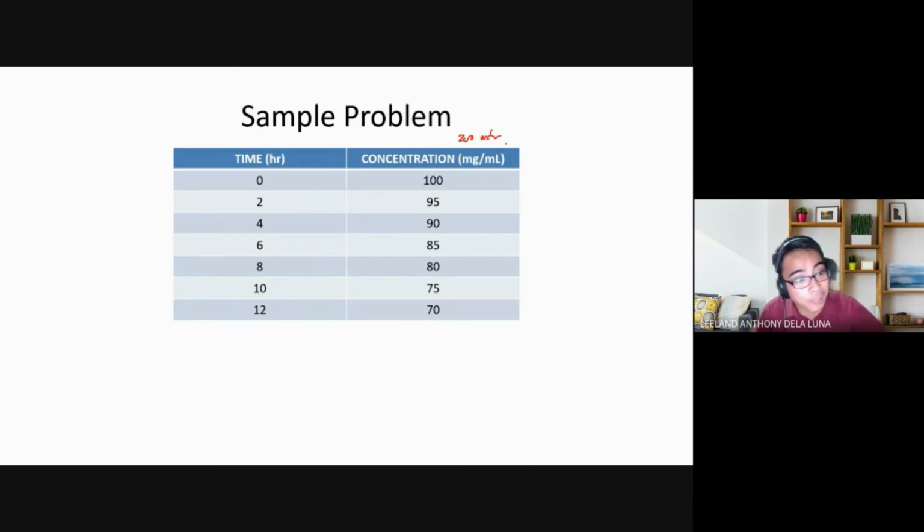Alright? Now class, kung gusto mo talaga makasigurado, pwede mo namang i-plot, walang problema. You can plot it in Excel. I think you know how to do that naman. Hindi ko napapakita ah. Pero pag nagbukang straight line siya sa Excel, goods. Sabihin zero order yun. Right? So in this case class, sabihin ko na zero order to.